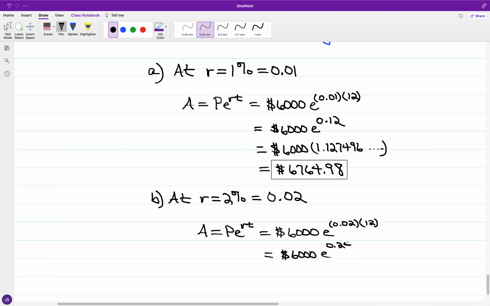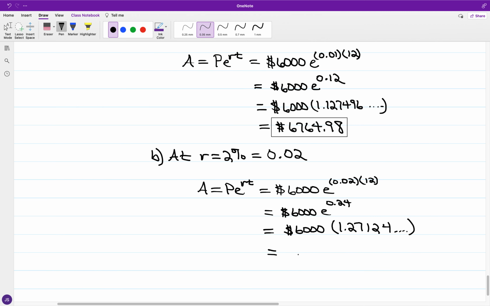For the product between the rate and the time, that's going to be 0.24. And for E to the 0.24, we have 1.27124. And keeping that result and multiplying by 6,000, we're looking at $7,627.49.